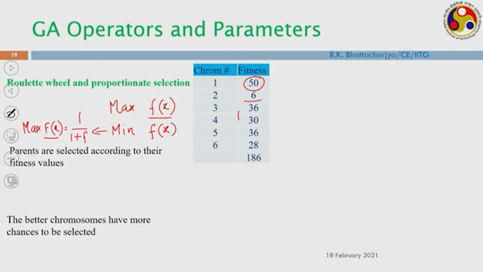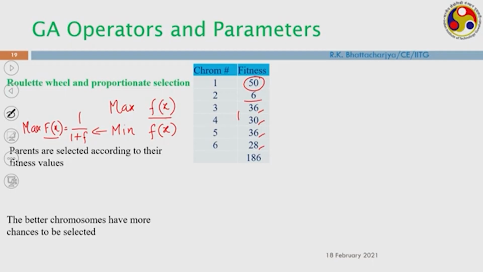Then the second solution's fitness value is 6, that is the worst solution in this population. The other solutions are between the best and the worst. So these are 36, then 30, 36 twice, and then 28.